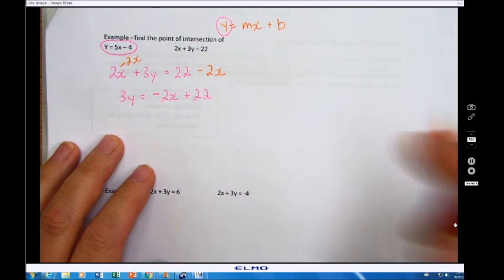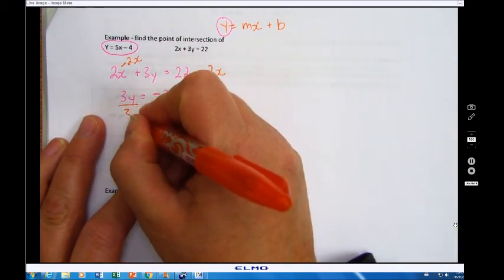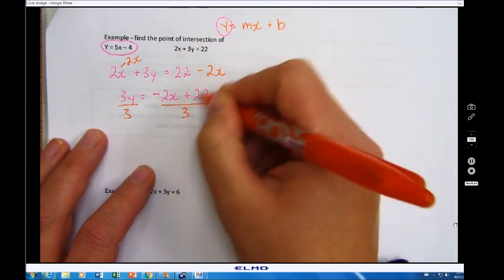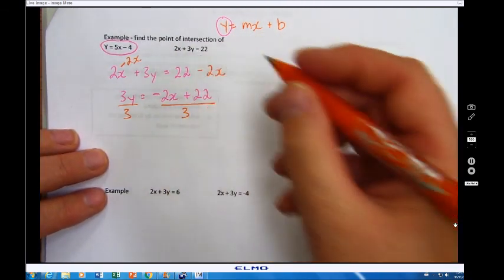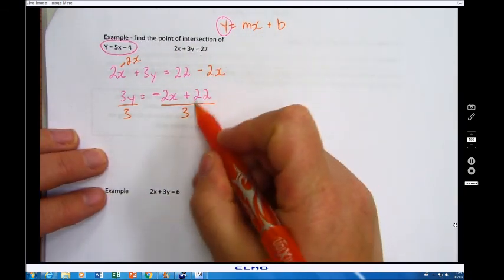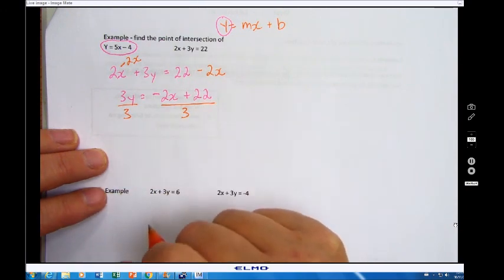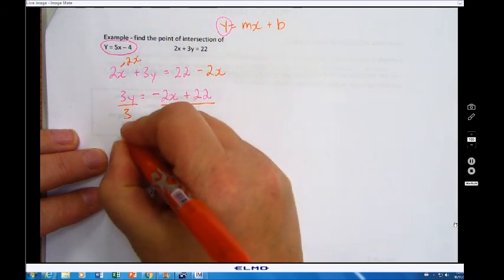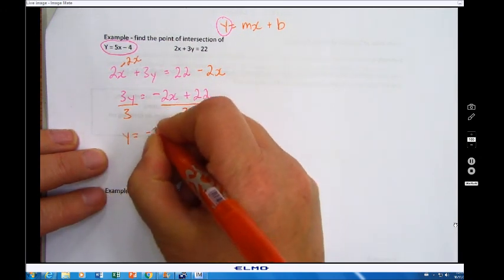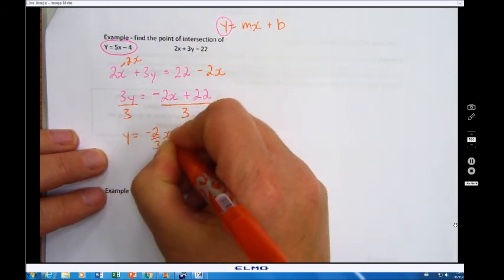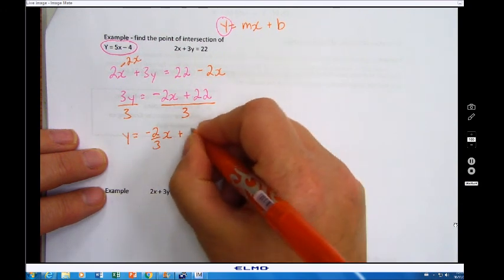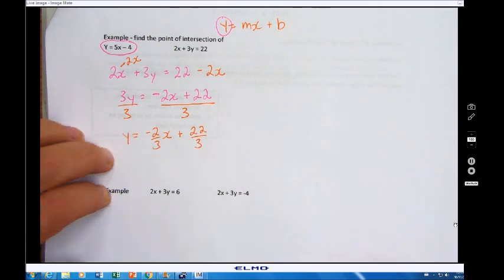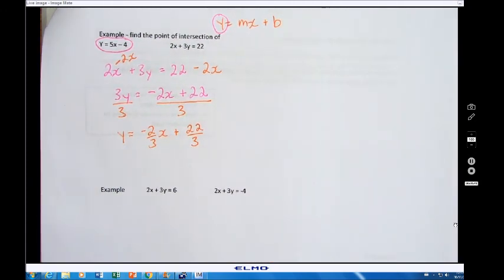And then I have to divide by 3. So divide each of these by 3. 3 does not go into any of those evenly. It's best to leave it as a fraction, that way it's more accurate in your calculator or in the iPad. So we'll rewrite the equation. And that's how we can put it into the calculator.